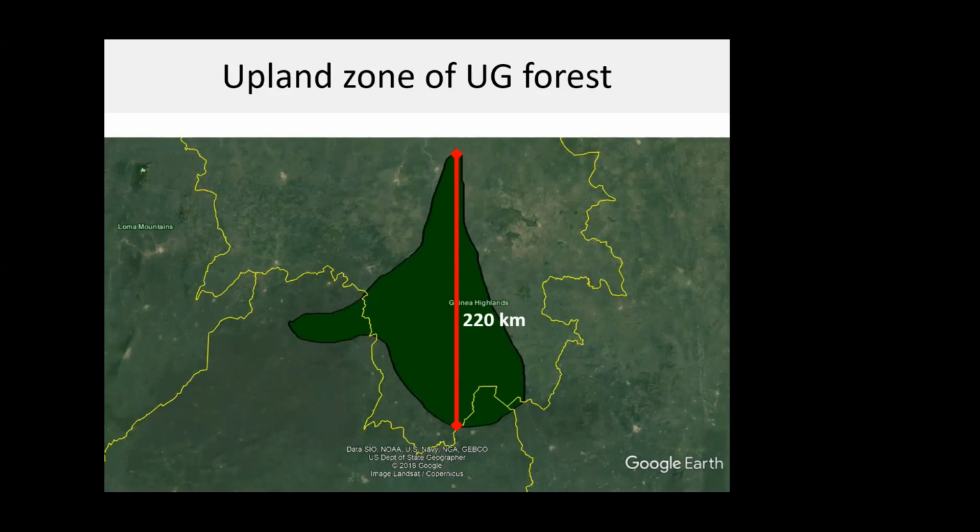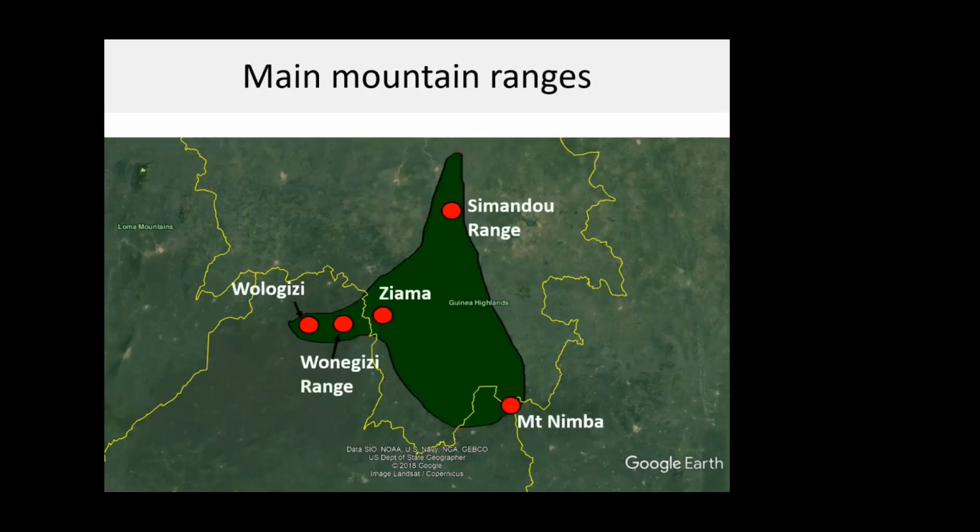And in contrast to the Upper Guinea region, this upland region is a very small area. At the very most, it stretches 220 kilometers from north to south. Some of the better known ranges within here are Mount Nimba, the Simandar range, Ziama, Wanagizi, and Walagizi.